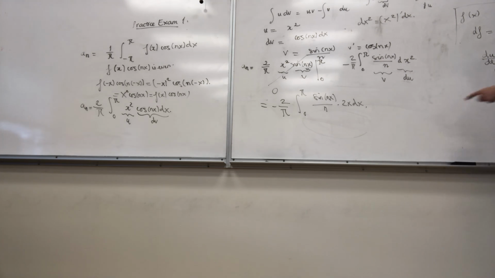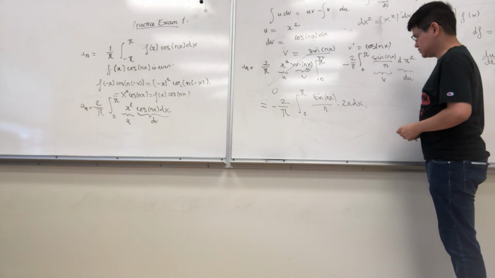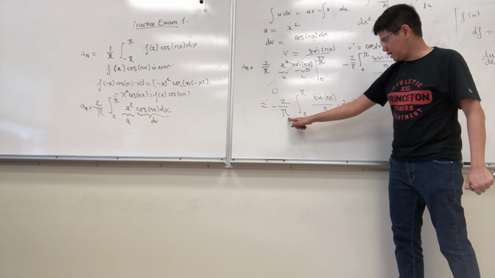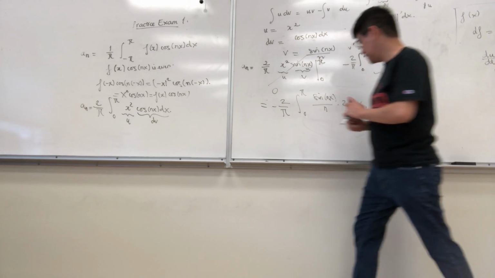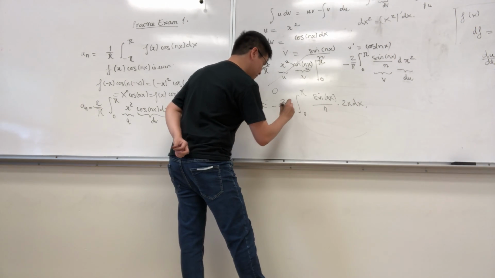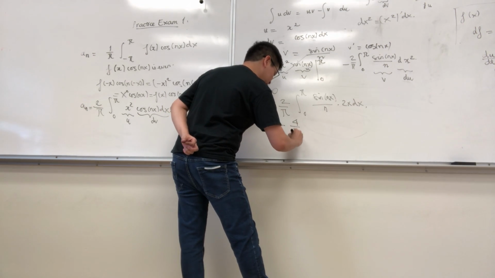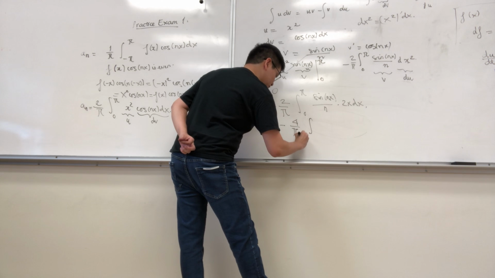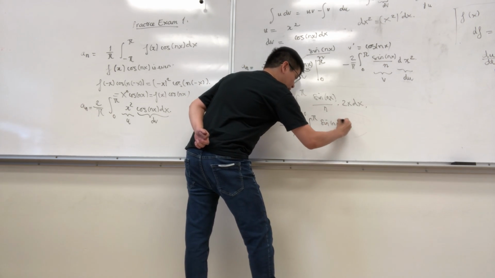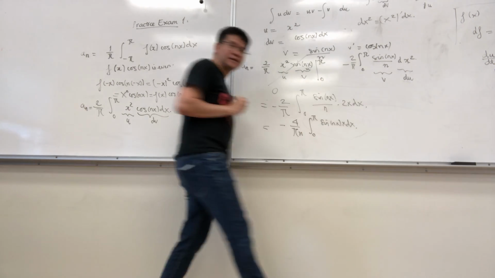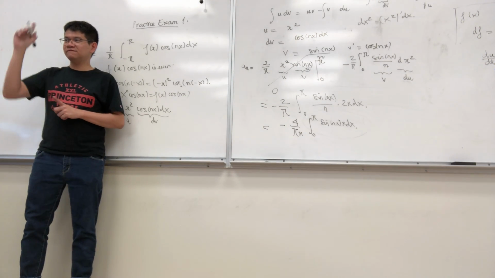Right, so now let us try to compute this. I have 2 over pi, integral from 0 to pi, sine of nx over 2x dx. Now I'm going to have minus 4 over n pi. I'm going to put all of the constants outside and have the integral of x sine nx dx. So what is the next step?